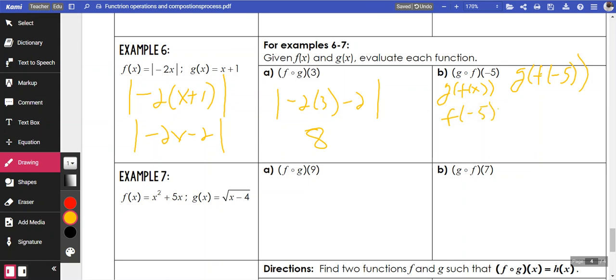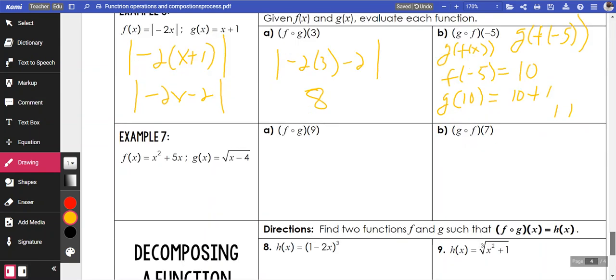If you plug in negative 5, that's negative 2 times negative 5, that's negative 10. The absolute value of that is 10. And then take that and plug that in for g. So it's 10 plus 1, so that's 11. You could have done it that way as well. So either way, my first way I did was kind of confusing. I get it, but it happens.